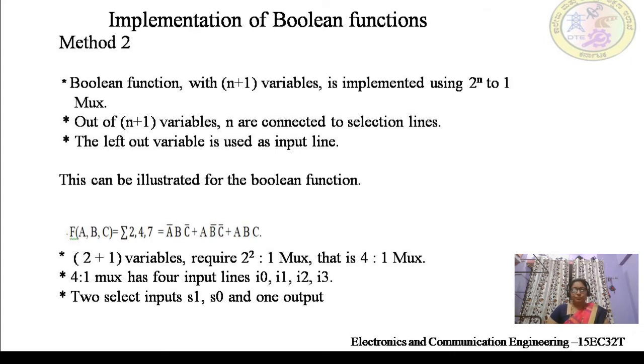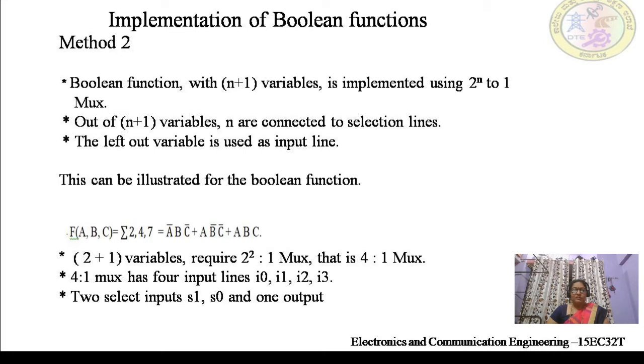This can be illustrated by taking the same previous example, that is f of a, b, c is equal to summation 2, 4, 7, which is equal to a bar b c bar plus a b bar c bar plus a b c.